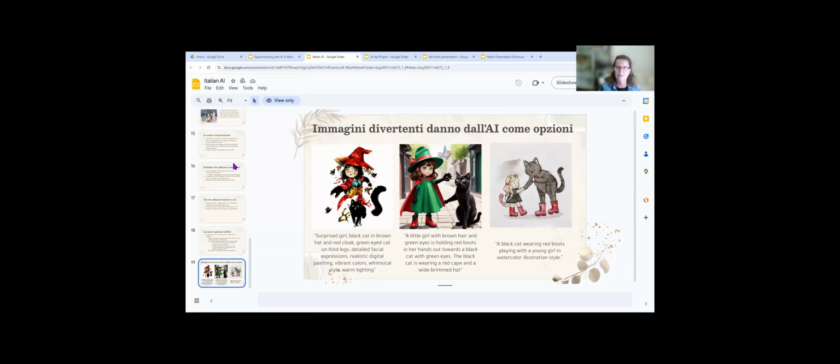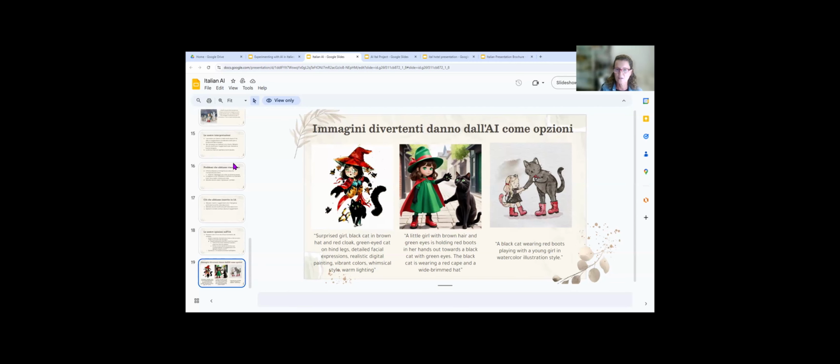And you can see that the image that AI created, Adobe Firefly, is a little bit confused in terms of where the tail of the cat is, where are the legs of the girl, and the red hat and the red boots that should have been also on the cat don't exist.